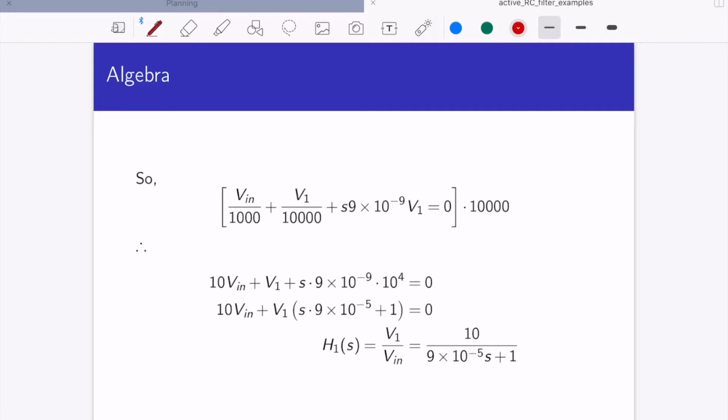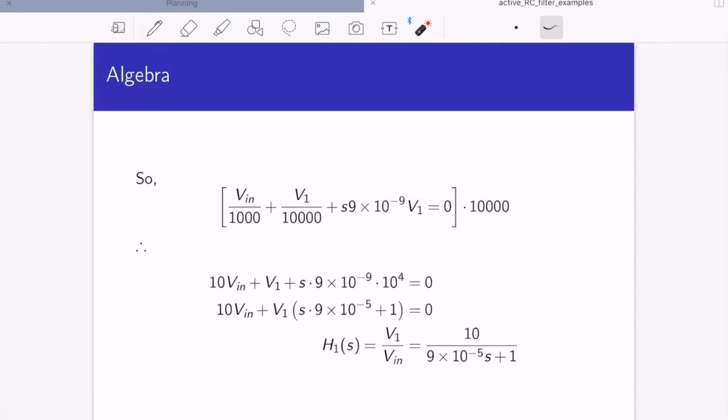Here it is. First thing I would do is multiply through the whole equation by 10,000 to clear the denominator, and also flip the S term so that we clear that denominator as well. So we end up with 10 Vn plus V1 plus S times 9 times 10 to the minus 9th times 10 to the 4th, which is 10,000.